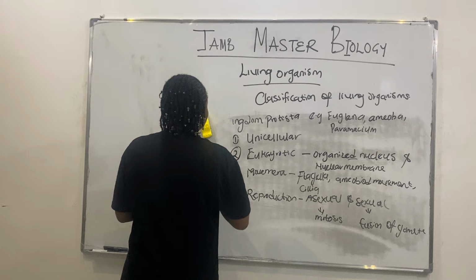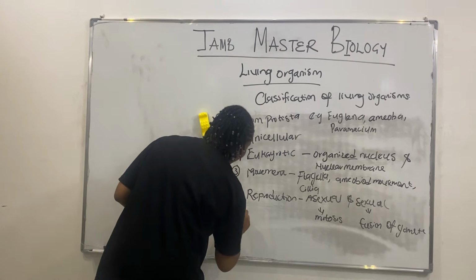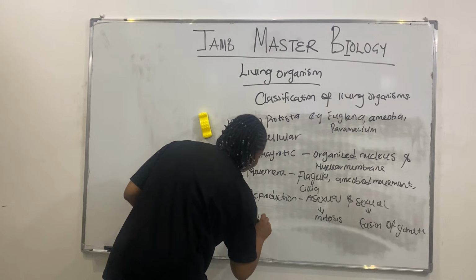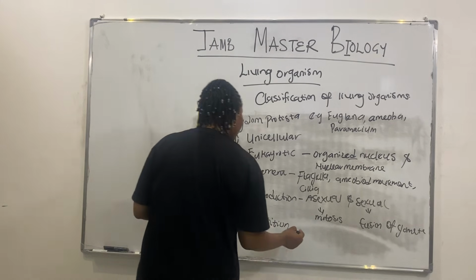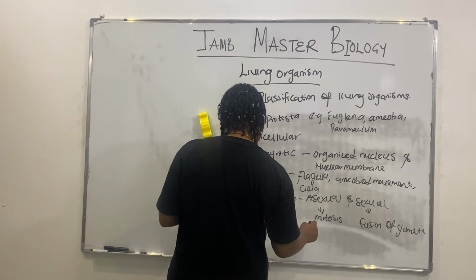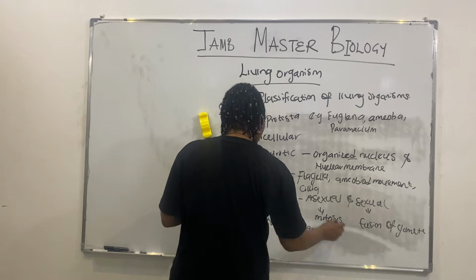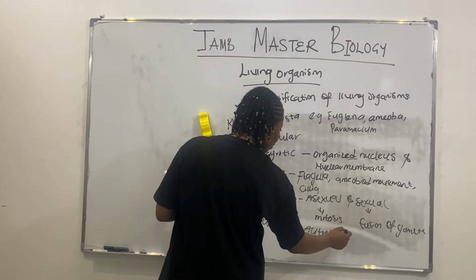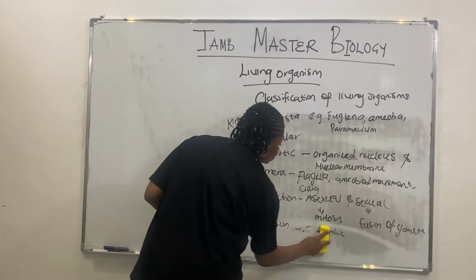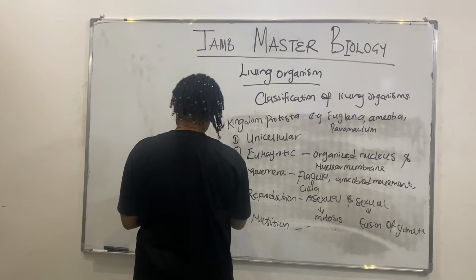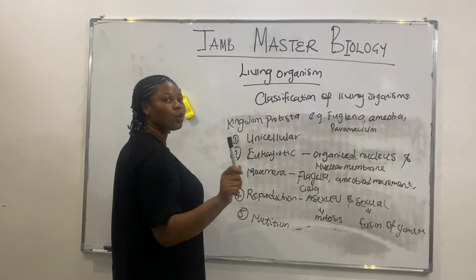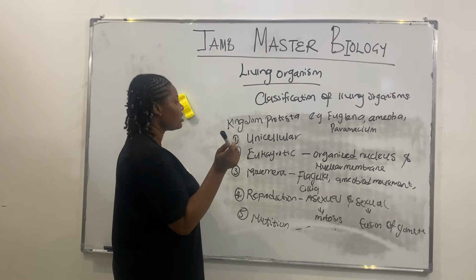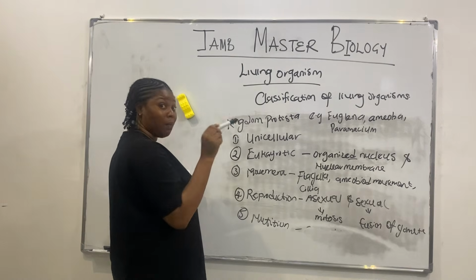Another thing about them is the nutrition. We have autotrophic and heterotrophic. Now, euglena is one organism that has both animal and plant characteristics.